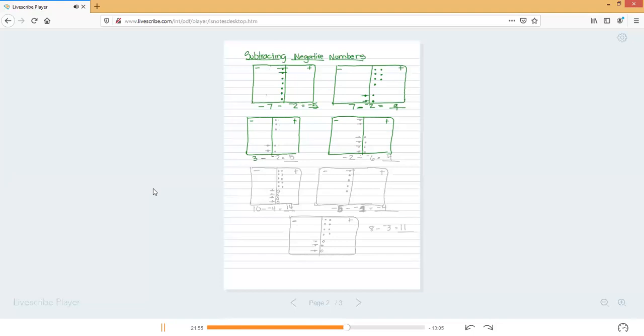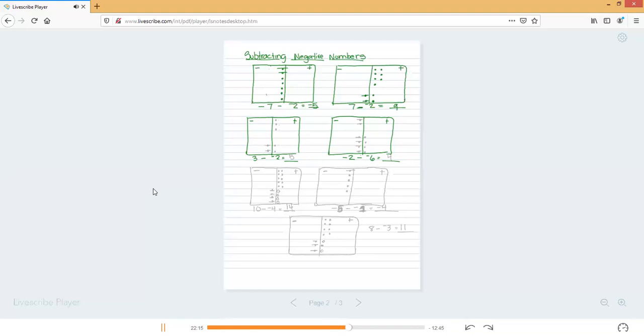Let's look at this one. My minuend is a -2. Ooh, so we're starting on the negative. So that's 1, 2. Ooh, this one is really tricky. So now I need to make 6. Now it says there are -6, but I already have 2, so all I have to make is 4 more.